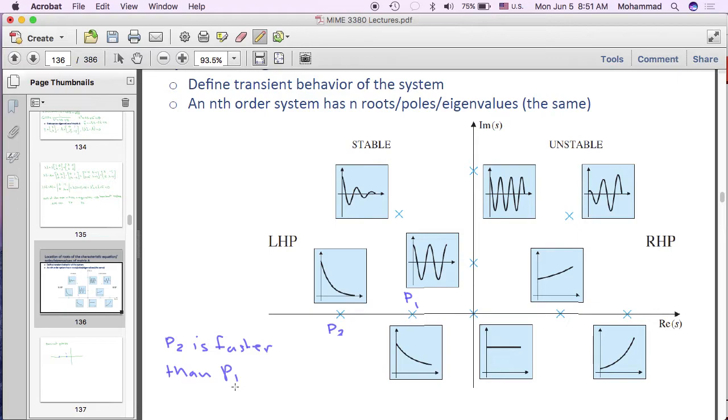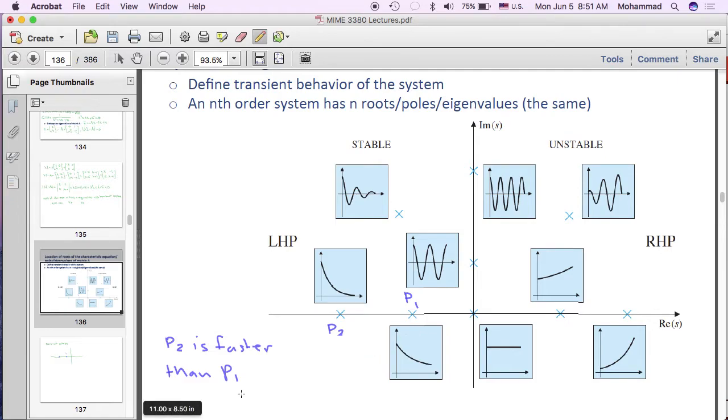Are you following me? So the poles that are closer to the origin are slower, which means the response associated with slower poles will stay around longer. So if these were two independent responses and you were to add them, this will quickly disappear while this will stay around longer.